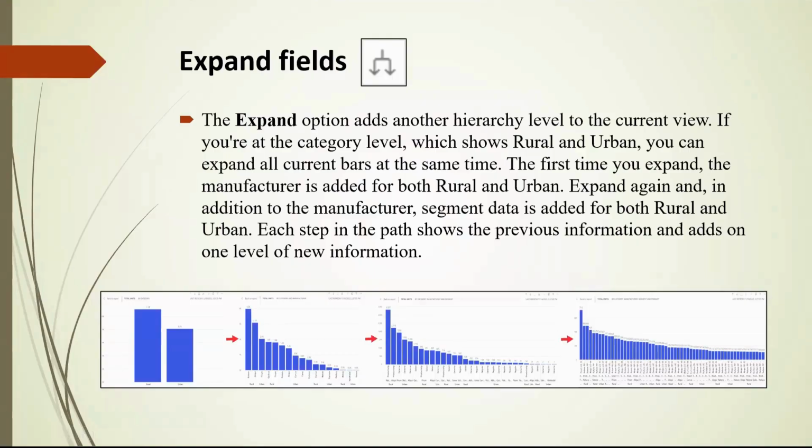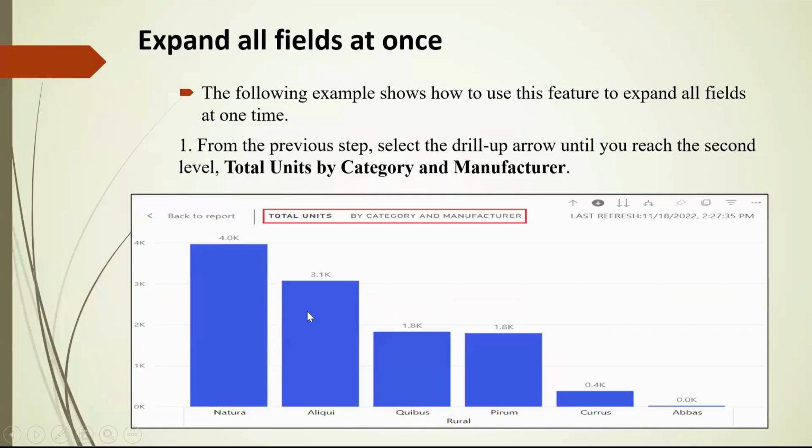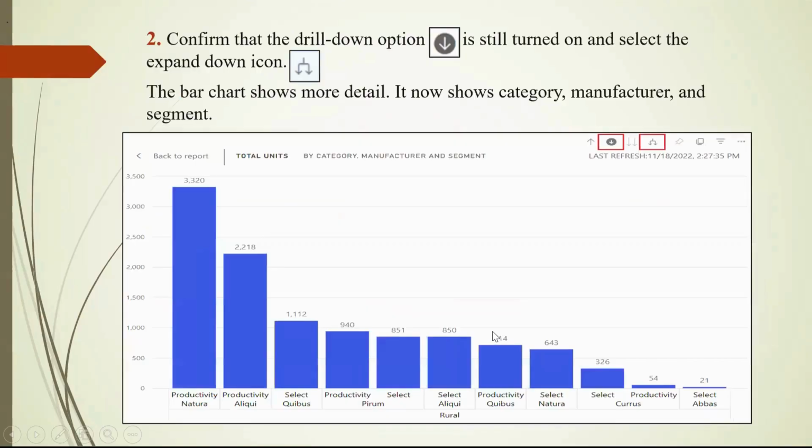So here, earlier we had to go back to see the previous category of the data, but in this option you can see everything on one page. By clicking on this, you can expand everything together, and you can expand it from the start also. See, now you can see rural productivity of each manufacturer.